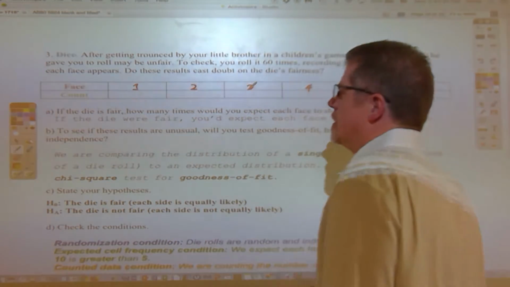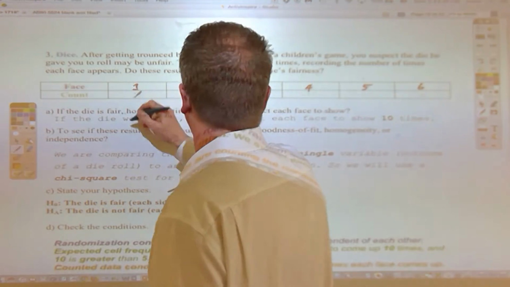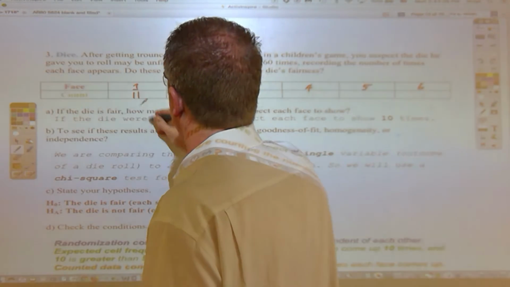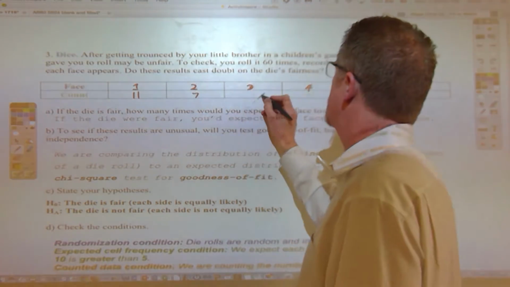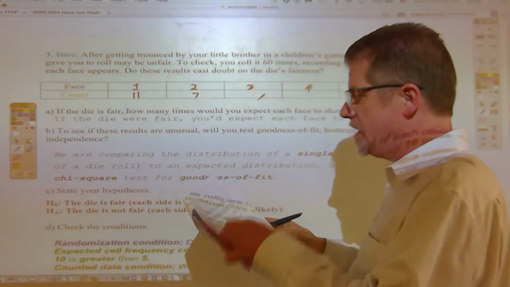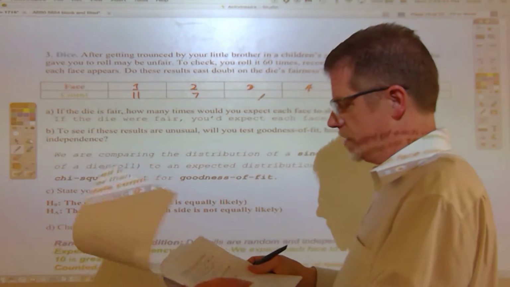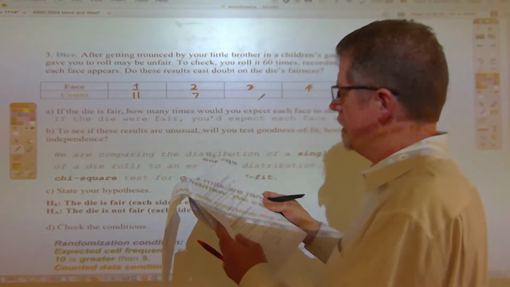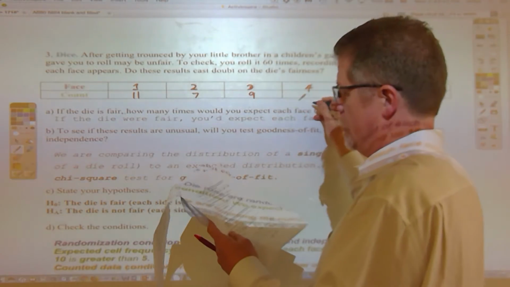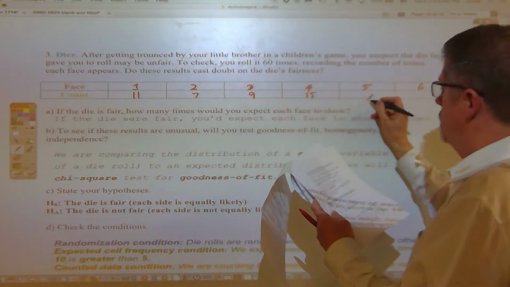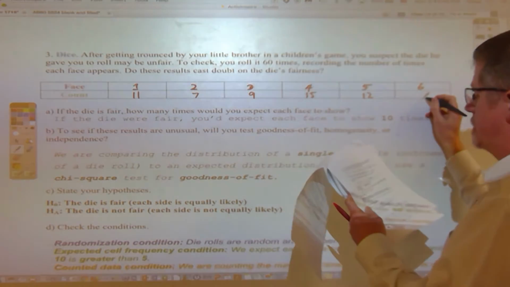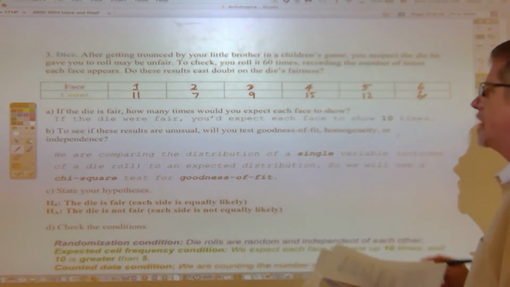And so the counts on the die, when you roll it 60 times, you get 11 ones, 7 twos, and 9 threes, 15 fours, 12 fives, and 6 sixes.